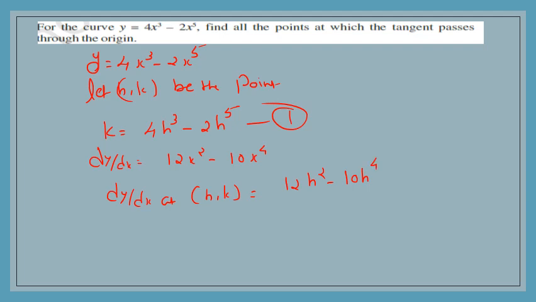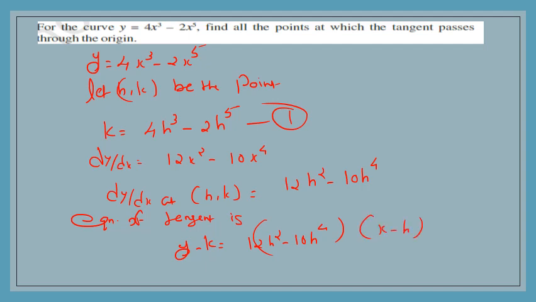Now, what is the equation of tangent now? Equation of tangent is y minus k is equal to 12h squared minus 10h raised to 4 into x minus h.